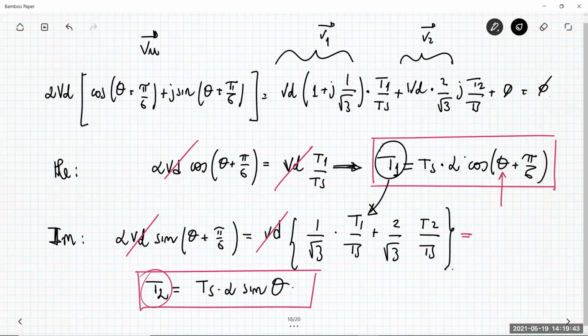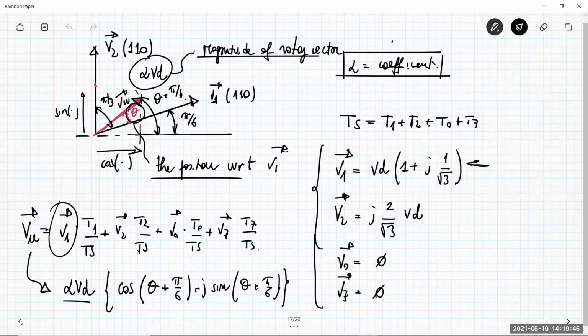Let me just consider starting from here. I have this expression here. As you can see, the space vectors are all weighted by a fraction which is Tx over Ts: T1 over Ts, T2, T0, and T7.